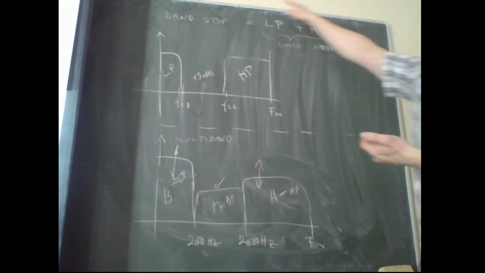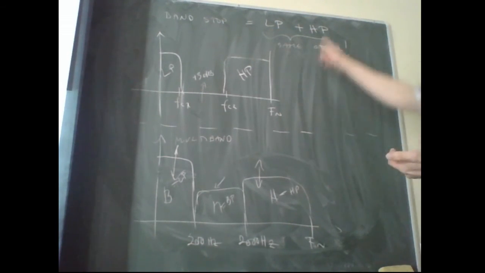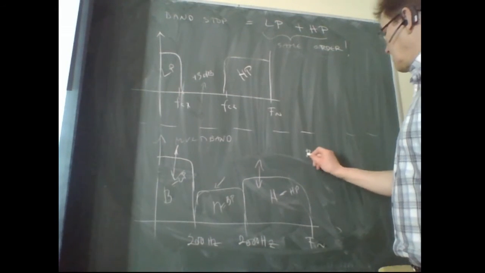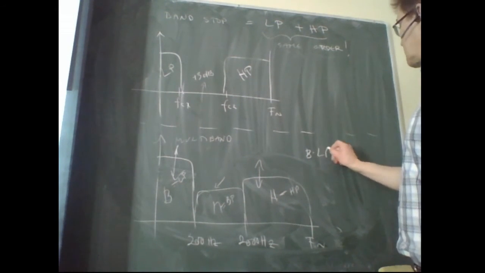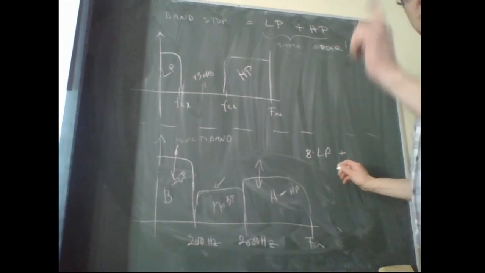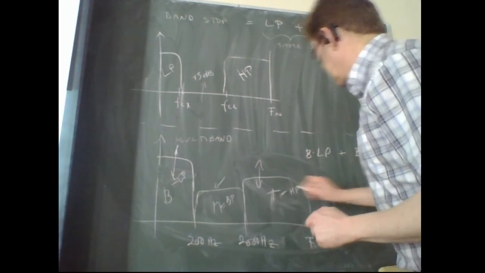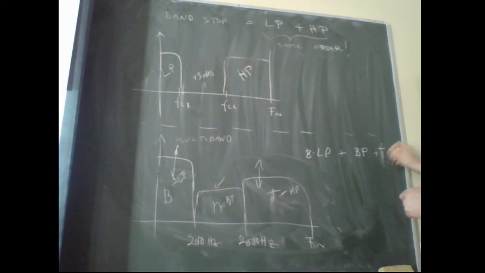But in here, you can just add, for example, this multiband, meaning that you have B times the low pass filter coefficients. Then you have the band pass filter coefficients. And then you have H, well, is that T? T times the high pass filter coefficients.